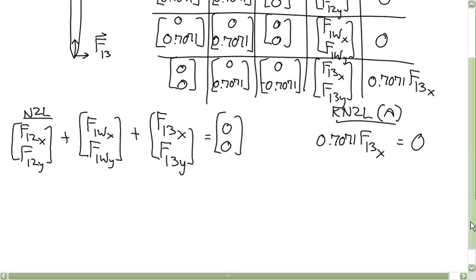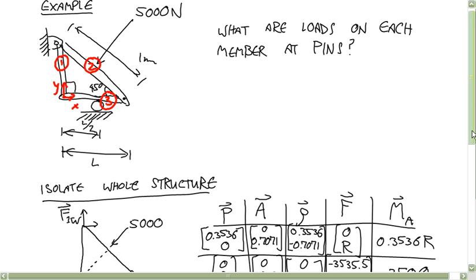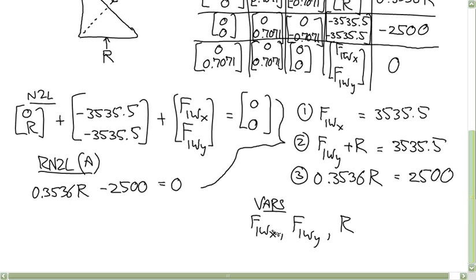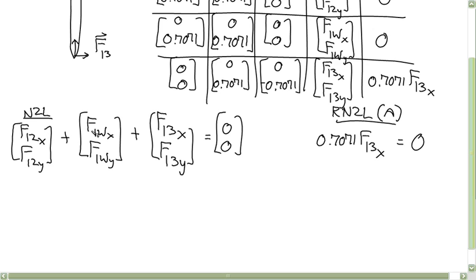So what's the next step? Now we have Newton's second law and the rotational equation. Yeah, so now we have to reduce the number of variables, make sure that we aren't calling redundant information by two different names. So let's see, what do we have here? Before we started this, we have 1W and R, and here we have 1W, right? So we don't have to switch anything. We don't have to use Newton's third law.